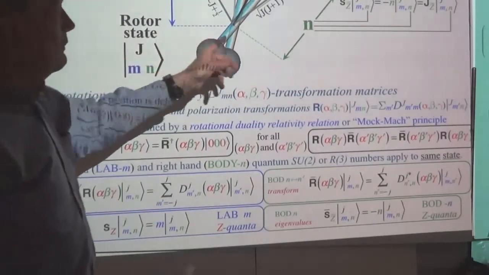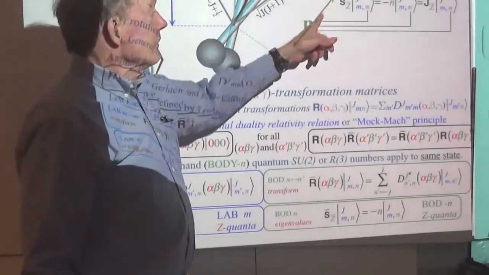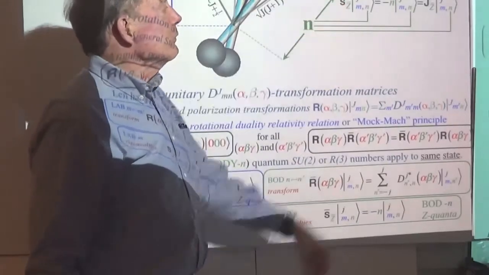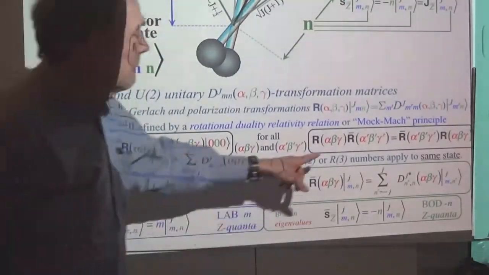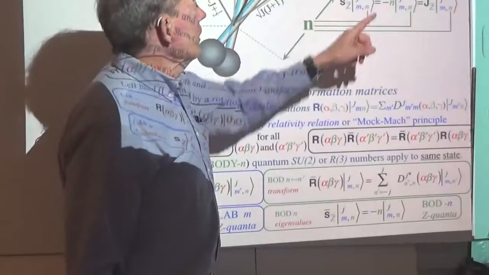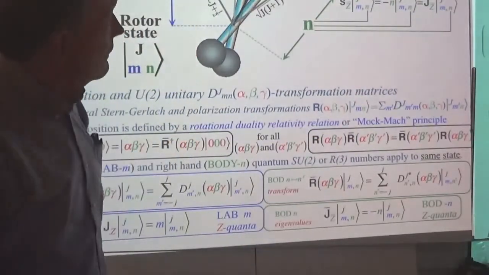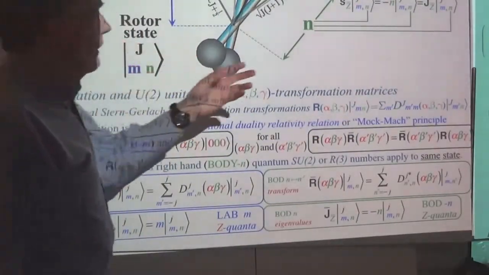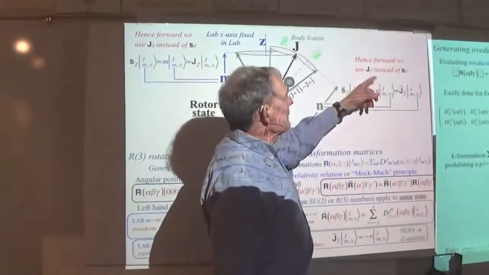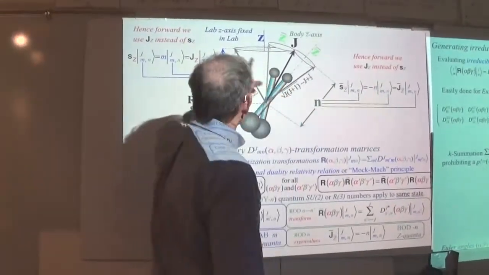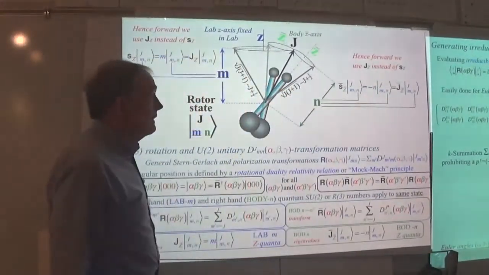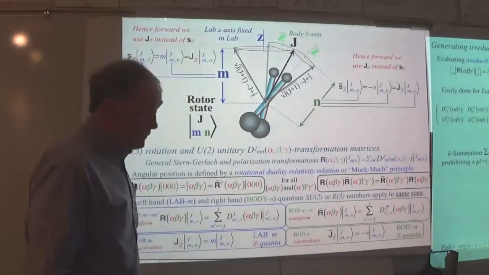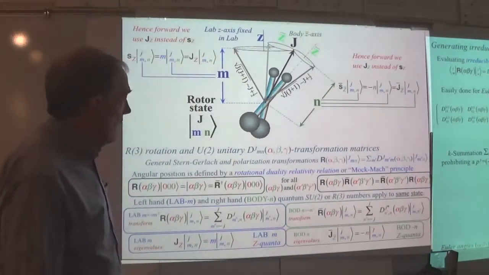But if it's a molecule, you've got to have it, and you've got to have the operators that go with it. All these R bars, and you're going to have S bars or J bars, and I should probably point out at this point that henceforward we're going to be using J or J bar instead of the S or S bar. Okay, so that's going to happen right now.